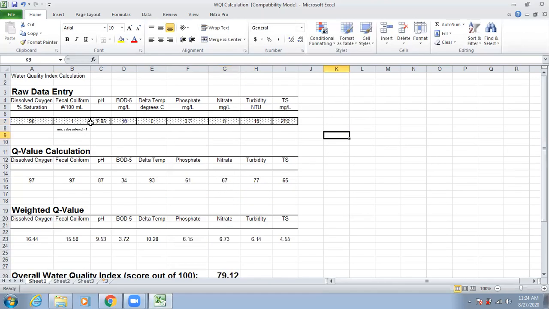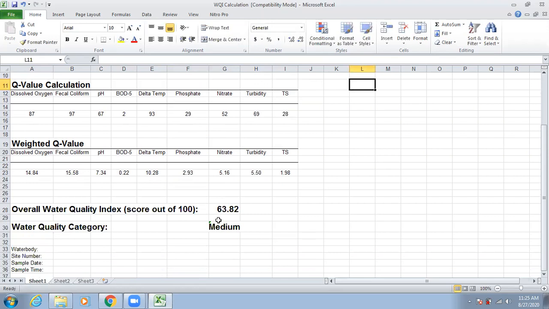In that case, now I am changing this. Saturation is 80%, pH is 8.5, BOD is 300, and TS is 500, and phosphate is suppose 2, and nitrate is 10. Turbidity is 15. So you can see this has already changed, that is medium, 63.82.